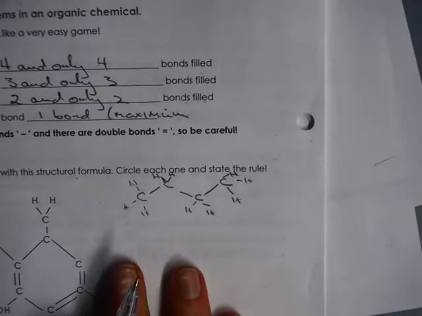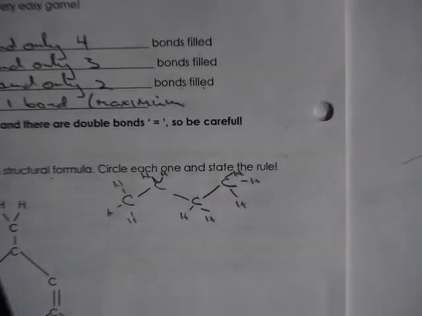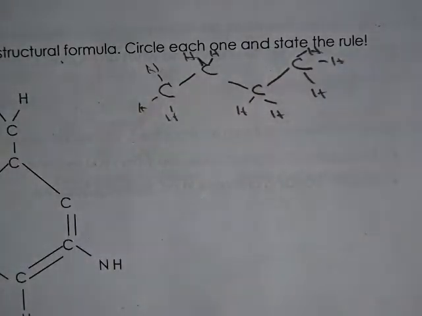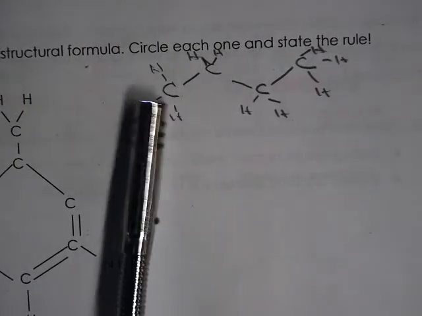I'll scooch in a little bit so you can see that. This is just by way of explanation so that you understand what's going on. This is butane. That's butane.